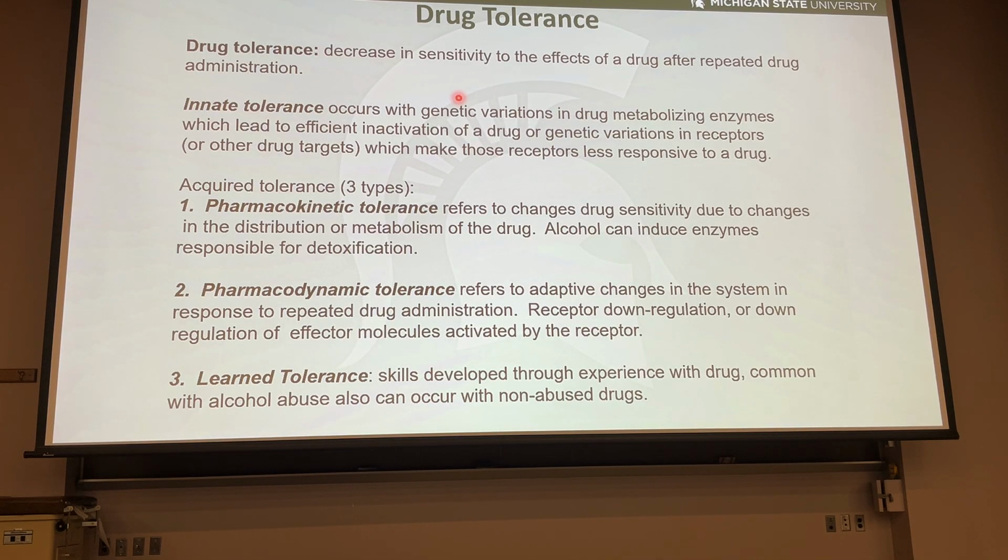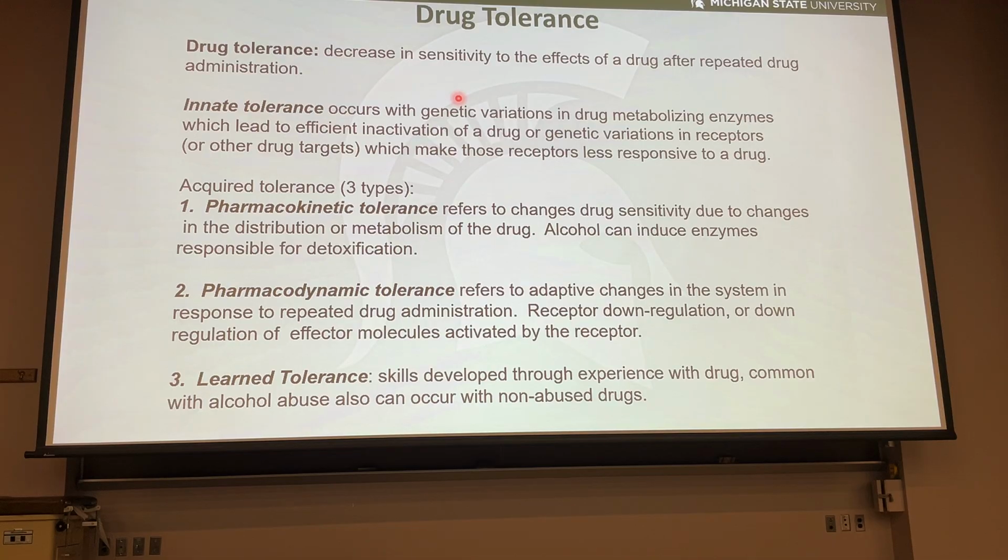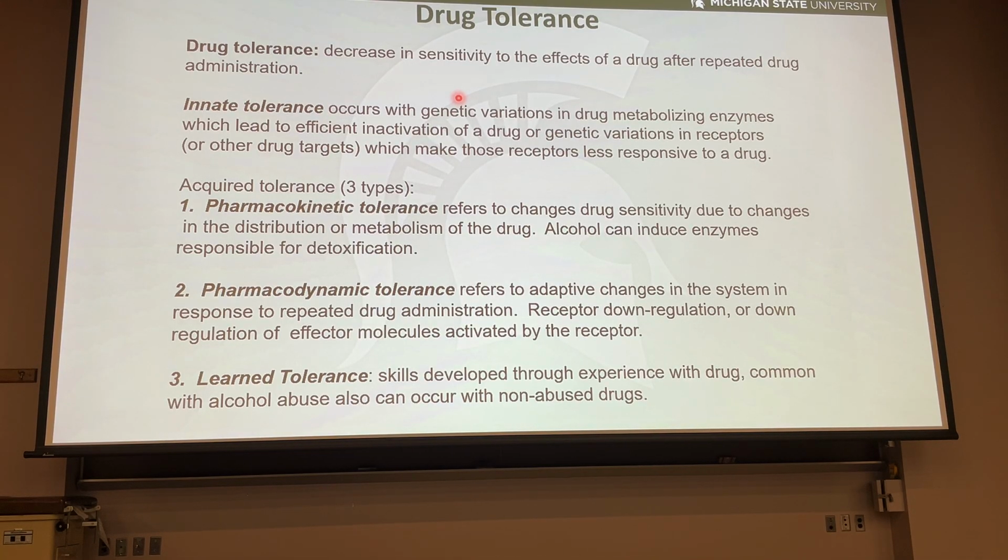Certain genetic variations that cause your specific receptors to not be as responsive to a drug is another situation, well, real world actually, for a specific drug, okay? But that's innate tolerance, something you're just born with, something that your genes have brought out in your body.